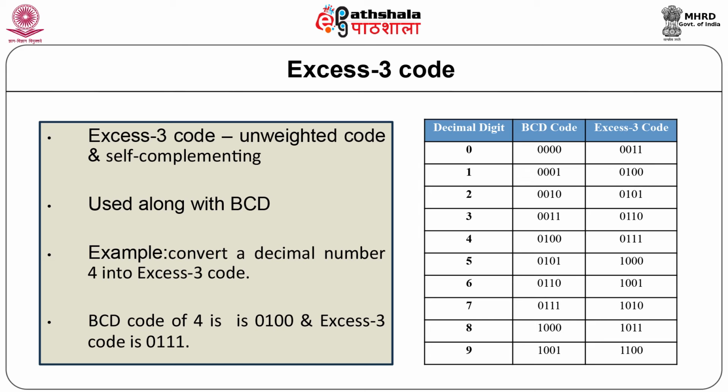As the name suggests, this code is obtained by adding 3 to each decimal digit and then converting it into binary. Let us consider the example of representing the decimal number 0 to 9 into XS3 code. For example, convert a decimal number 4 into XS3 code. BCD code of 4 is 0100, XS3 code is 0111.